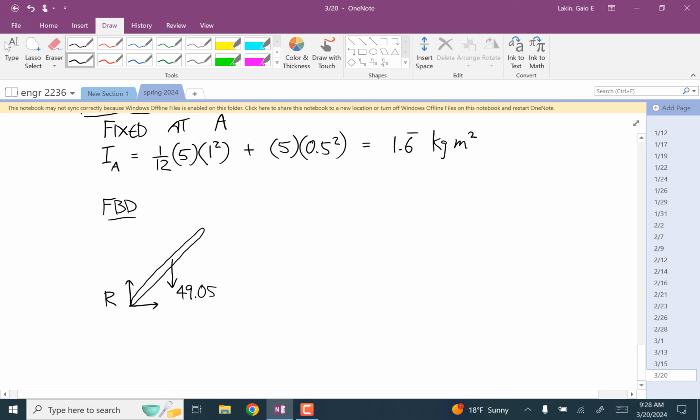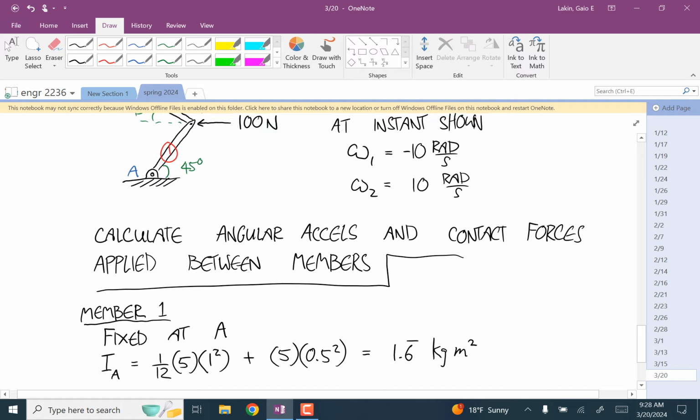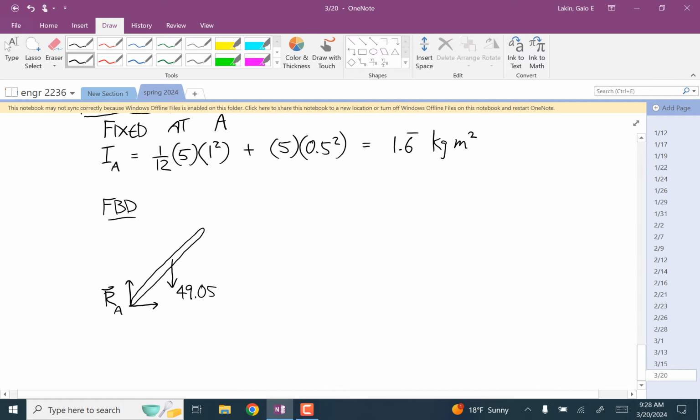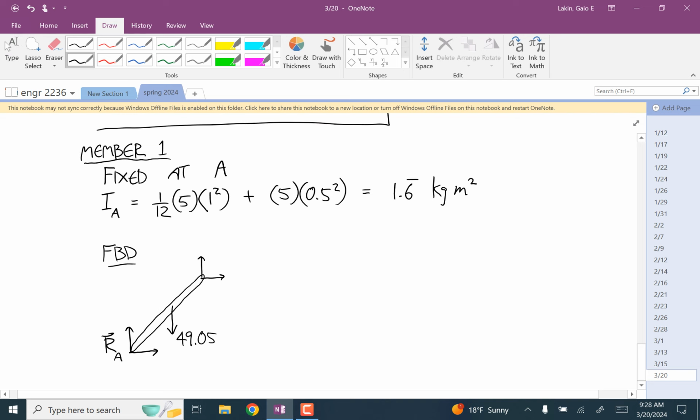I'll call this RA. It's an unknown force vector because it's a pin joint. There is a contact force applied to member 1 by member 2. So I'm going to write that as the force on 1 by 2.